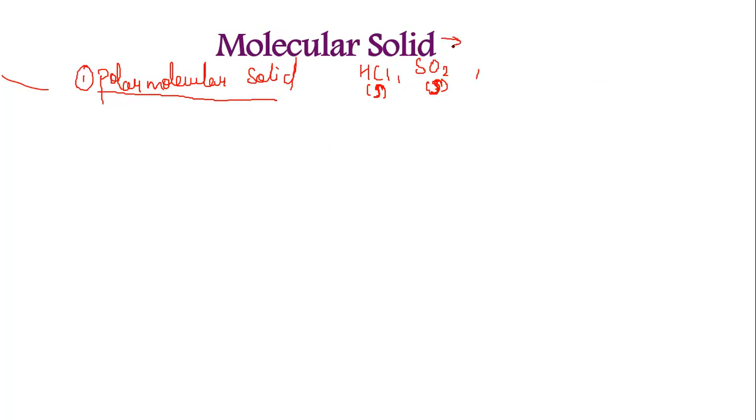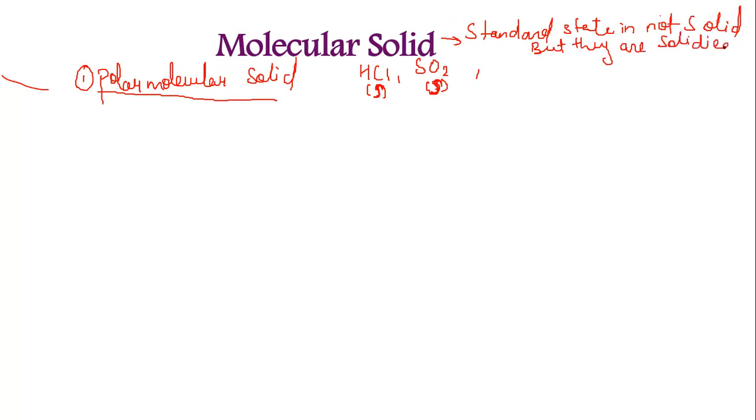Means molecular solids में वो solids आते हैं जिसका standard state is not solid. Standard state is not solid, but they are solidified. So such solids are coming under molecular solids.